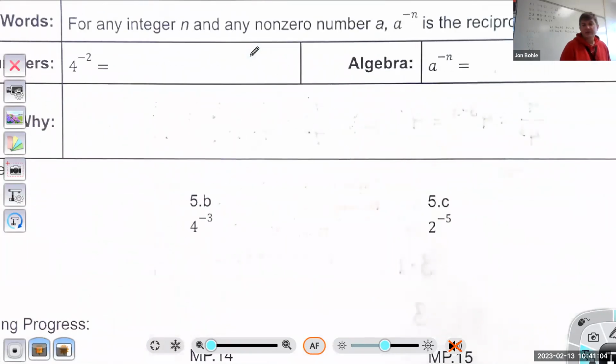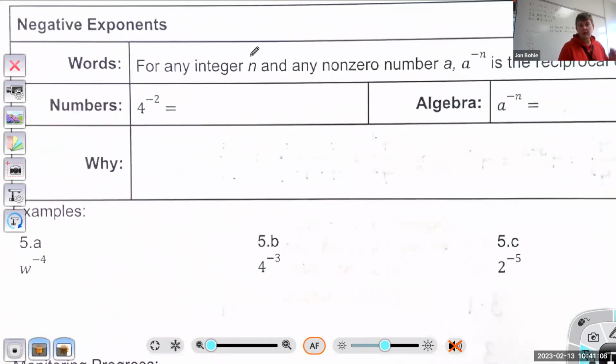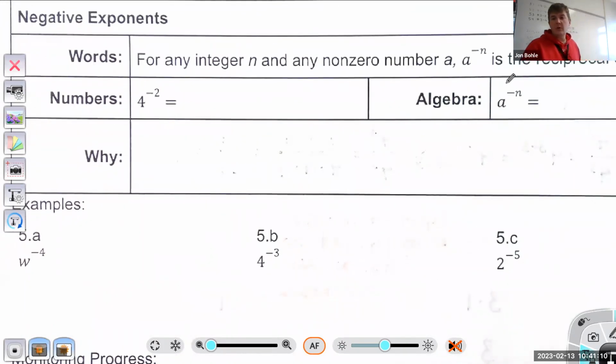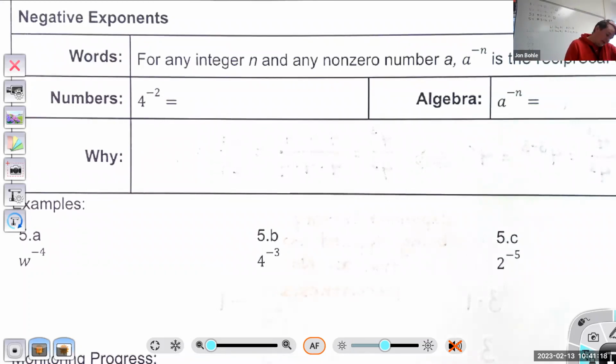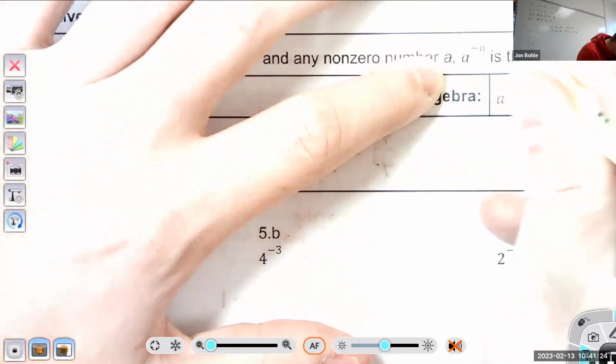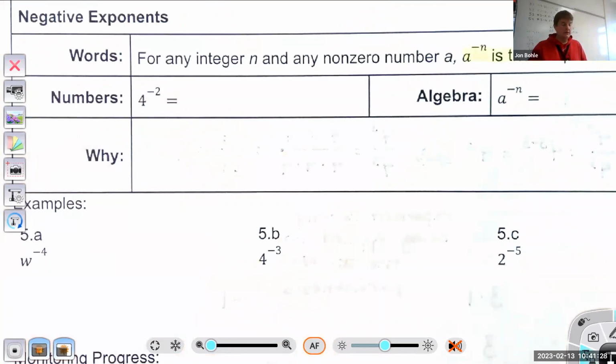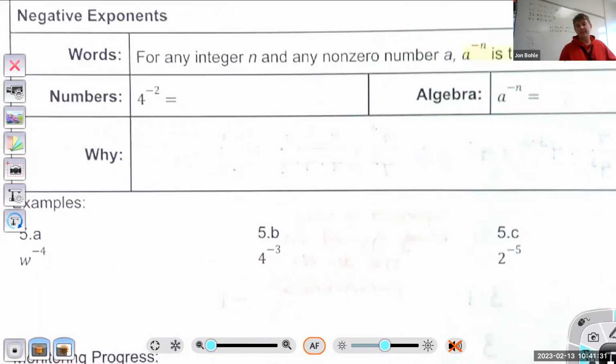All right, negative exponents. Okay, so negative exponents are probably going to throw you off a little bit more than the typical one will. For any integer n and any non-zero number a, a to the negative nth power is just the reciprocal of a to the n.